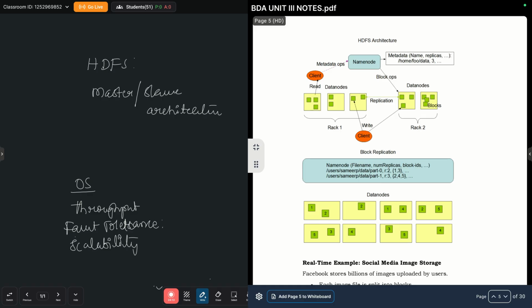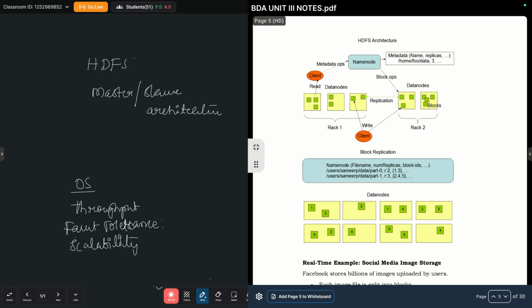Because the master node is handling all the data nodes, all the slave nodes. Here the data nodes are nothing but slave nodes. What is the master node? Name node. How many name nodes are there? Only one.